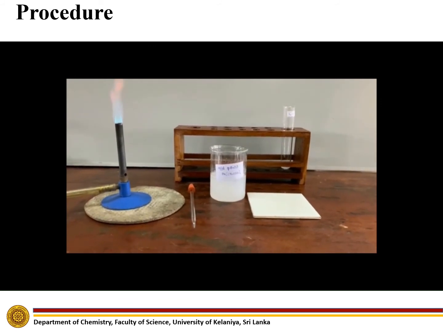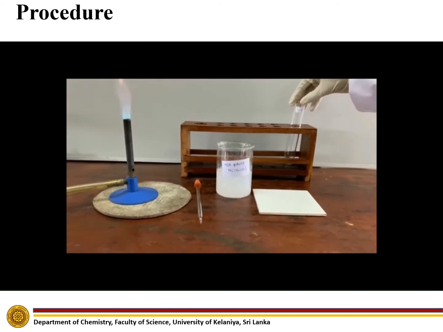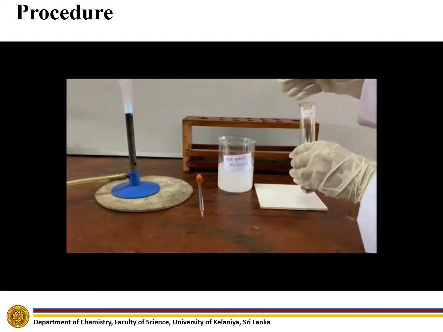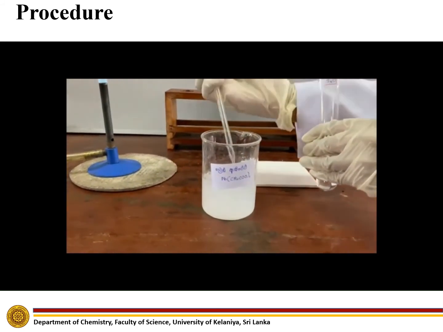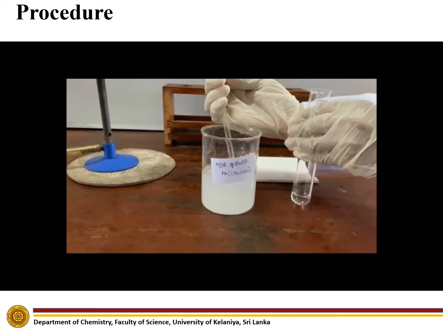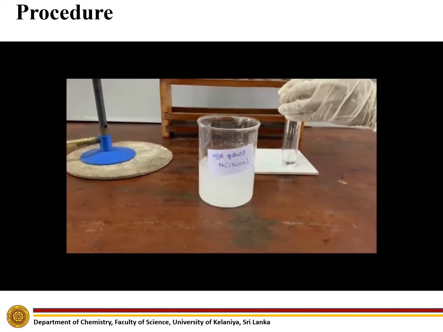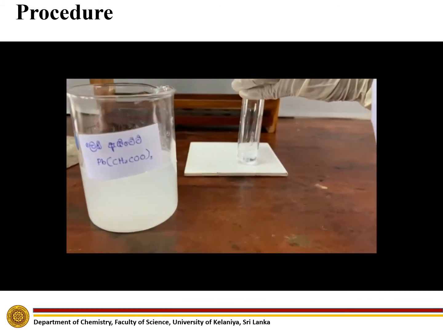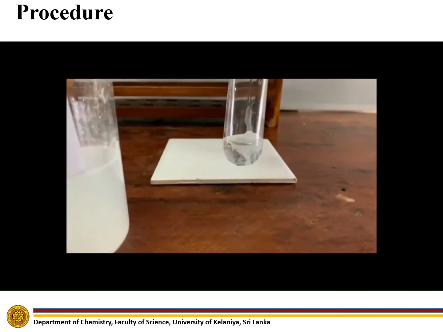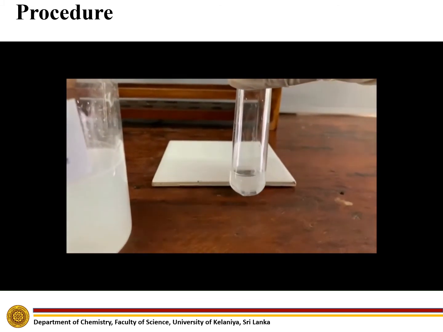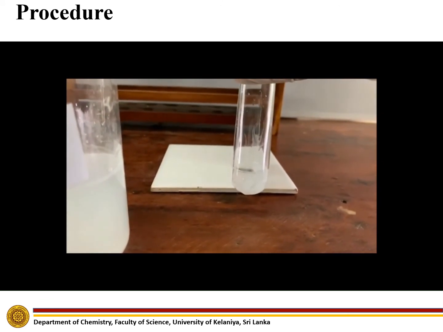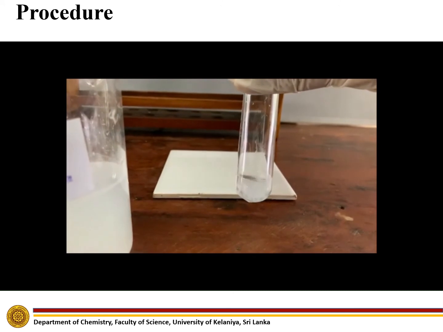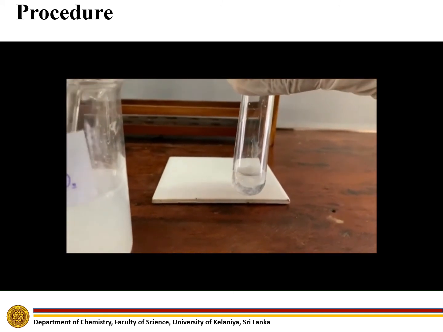For the next part of the experiment, you have been given a thiosulfate ion solution. Add a few drops of lead acetate solution to the given solution. A white precipitate forms.